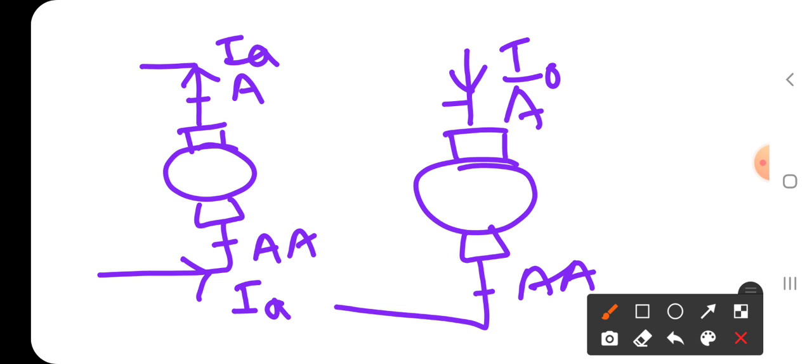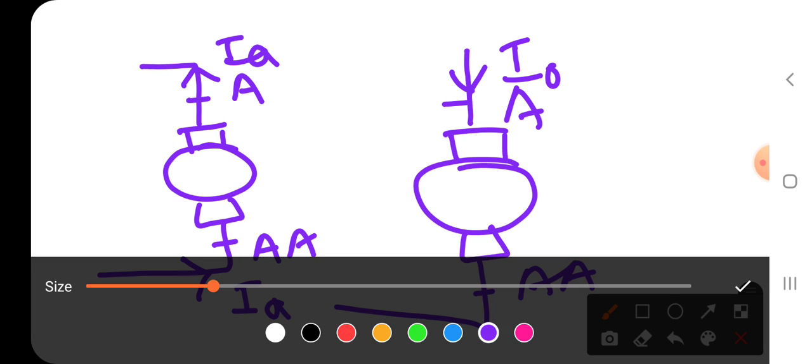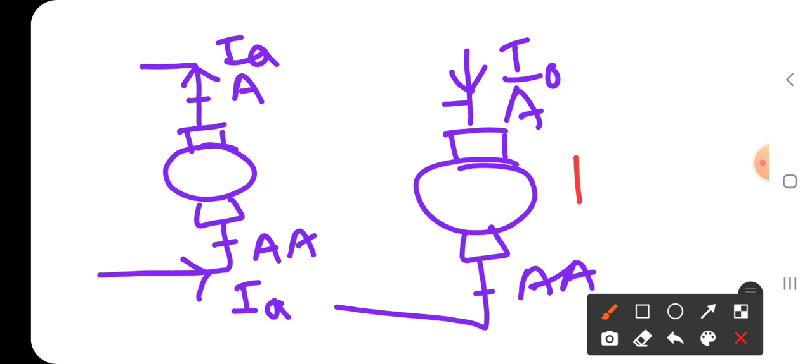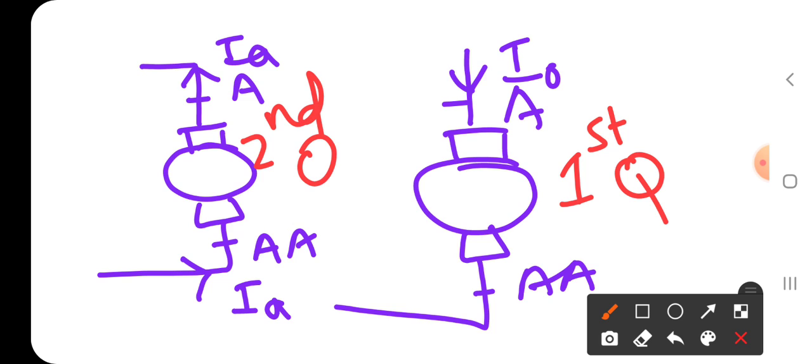So this is regenerative braking. Okay. So this comes under the first quadrant operation, and this will be second quadrant operation.